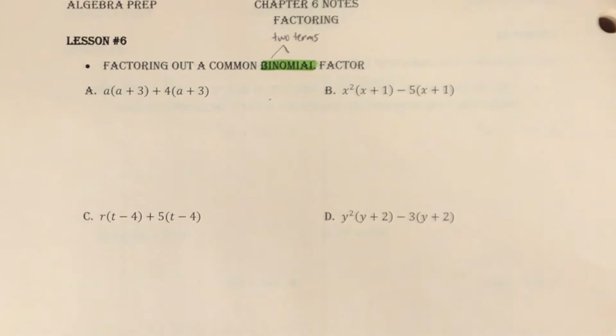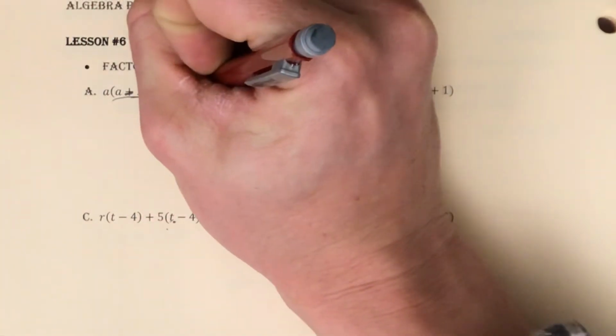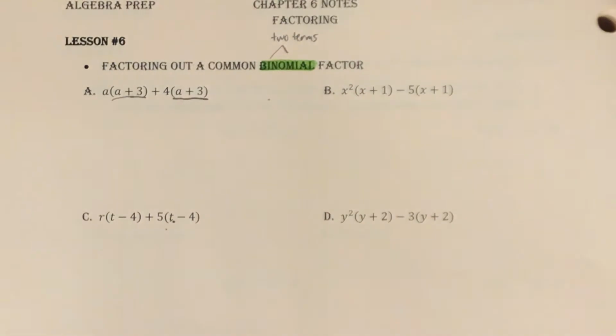So what you may have noticed is that the parentheses themselves, both binomials, are exactly the same. So A plus 3 here and A plus 3 here. Well, if that is the case, then that makes that our greatest common factor, that these two things have in common.